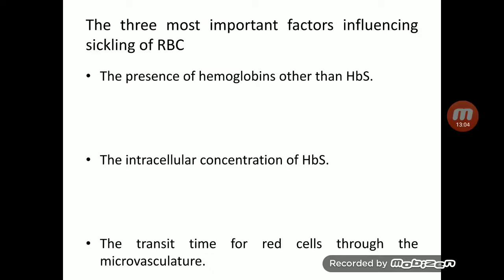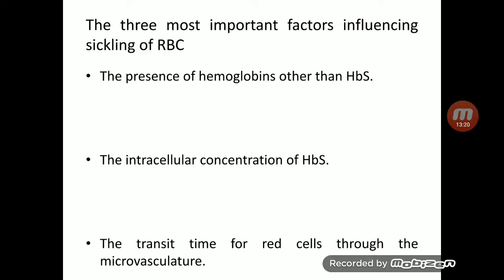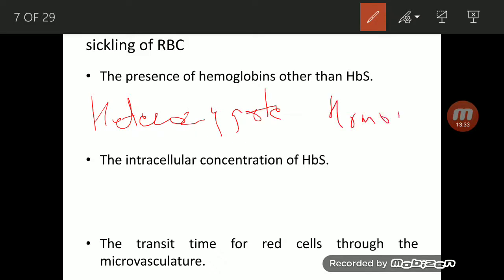Okay, first is the presence of hemoglobin other than HbS. Before we go into this, I would like to talk to you about HbS in a person, which may either be heterozygote or homozygote.